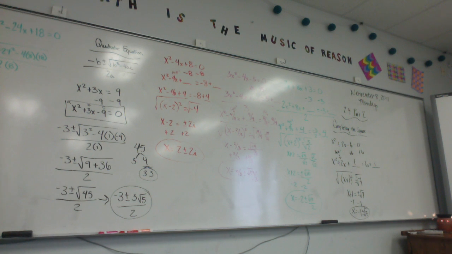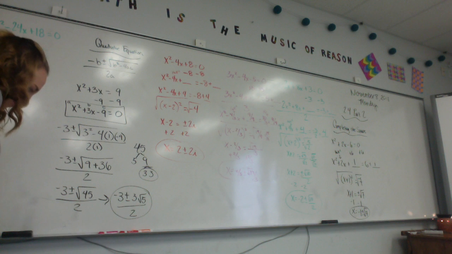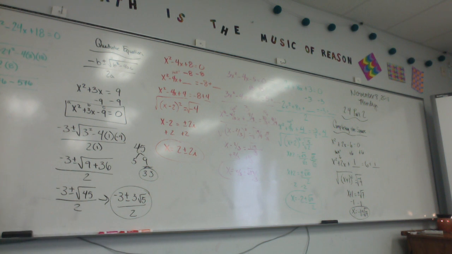Whew, okay, so I get 24 plus or minus the square root of 24 squared, which is 576, minus 4 times 8 times 18, which is 576. Uh-oh. So then I get 24 plus or minus the square root of 0 over 16.